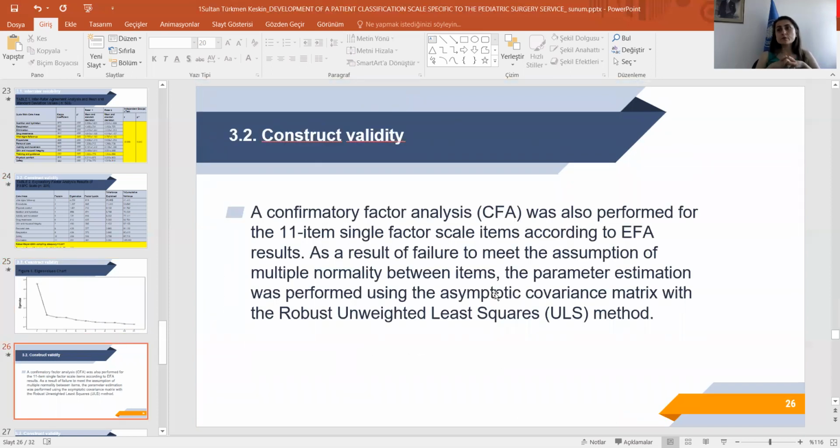A confirmatory factor analysis was also performed for the 11-item single factor scale according to EFA results. As a result of failure to meet the assumption of multivariate normality between items, the parameter estimation was performed using the asymptotic covariance matrix with the robust unweighted least squares method.